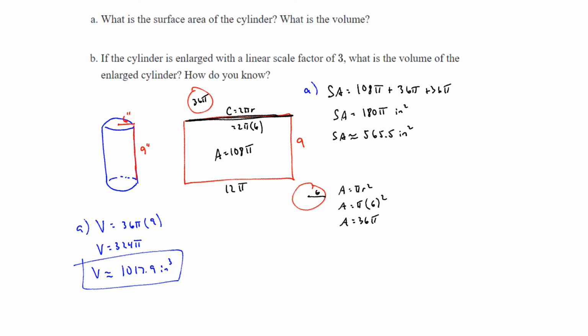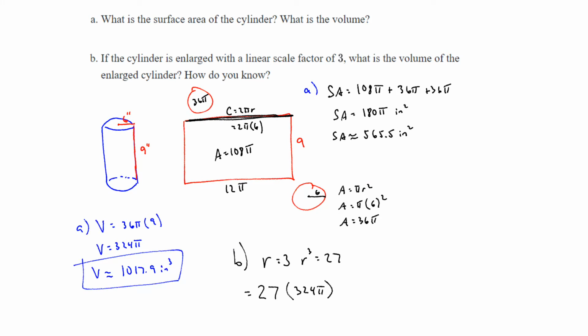Part B, that was just part A, so then part B, if the cylinder is enlarged with a scale factor of 3, what is the volume of the enlarged cylinder and how do you know? So if the scale factor is 3, since we're doing volume, we're looking at r cubed, which would be 27. We should be able to take 27 times our original volume of 1,017, or 324 pi, if we write it that way.